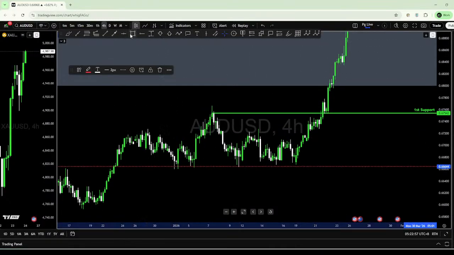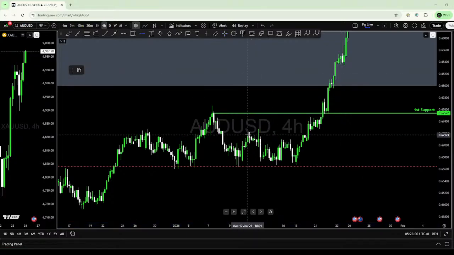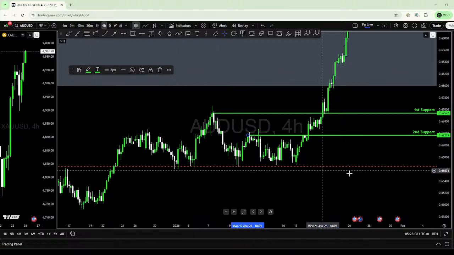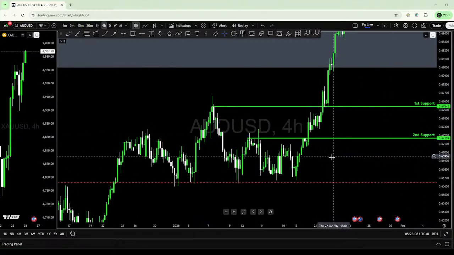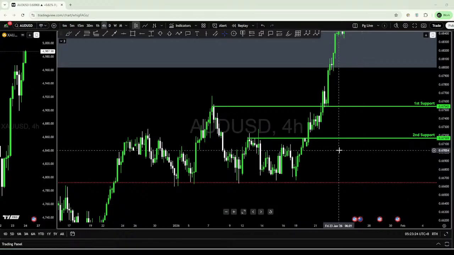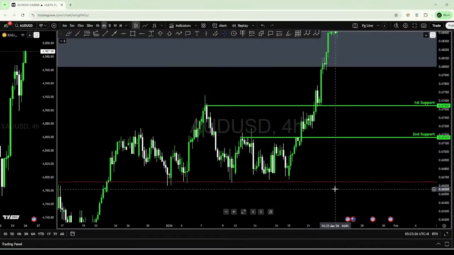The second support level is here, second support level, right here.